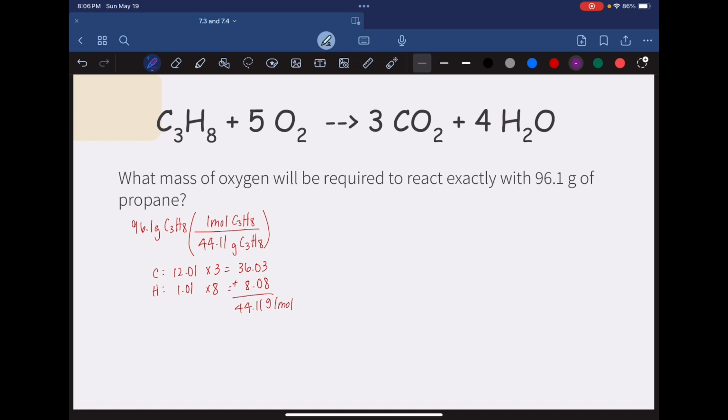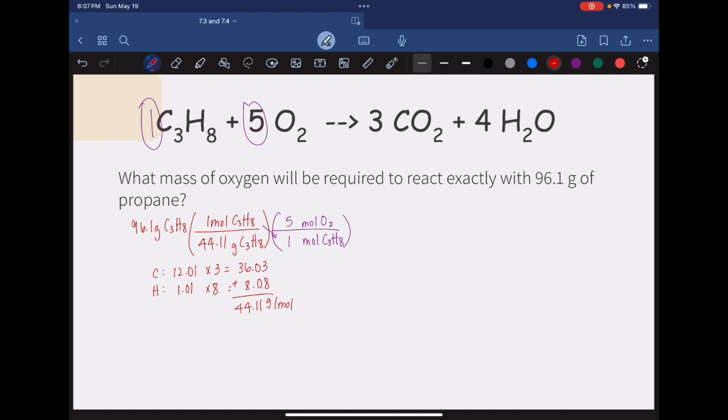I'm going to change colors to show my molar ratio. So I know moles of C3H8 will come down here because I do want them to cancel. And I'm trying to figure out the mass of oxygen, so I know moles of O2 will be here at the top. The numbers are from our balanced equation, so it's 1 and 5. 1 for propane, 5 for oxygen.